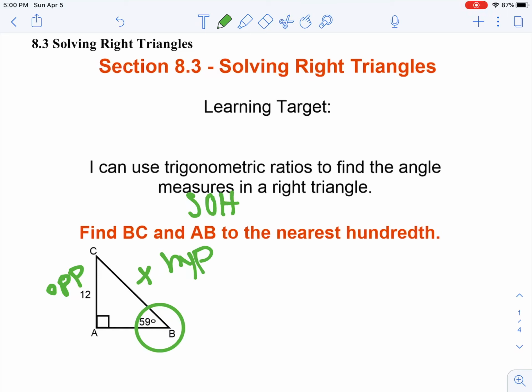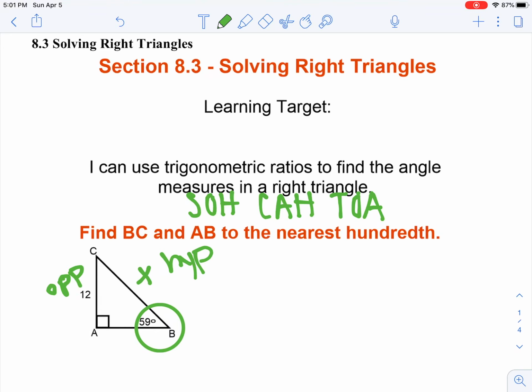Okay, so recall what we were discussing last week with our trig ratios. One of the sayings that we used quite a bit was SOH CAH TOA. So if you look at our picture and what I just labeled, we're working with our opposite side and our hypotenuse. So if you look for O and H in SOH CAH TOA, that would go with SOH, which represents the sine function.